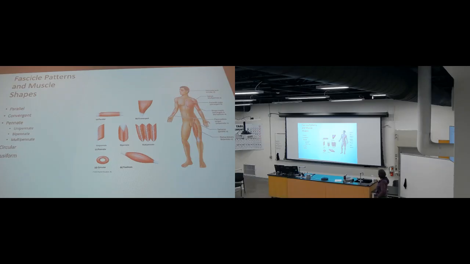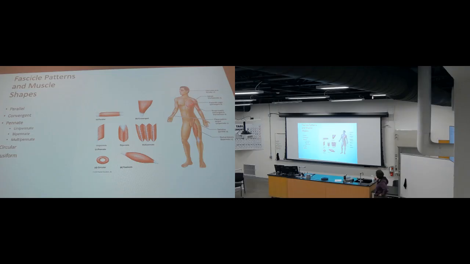And now for the fusiform, in this case you have taper ends and a thick belly. Classical example will be the heads of the biceps brachii, the muscle that flexes our elbow.